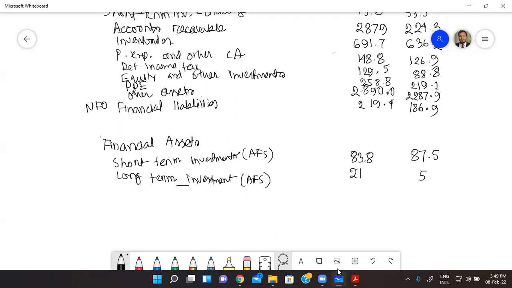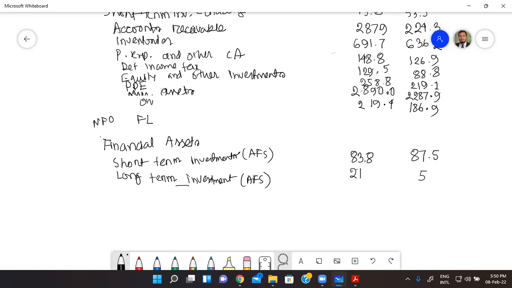And other intangible assets and goodwill, I have no place. What can I do? I can take it here. Net financial obligations, financial liabilities will be written first here. Okay.